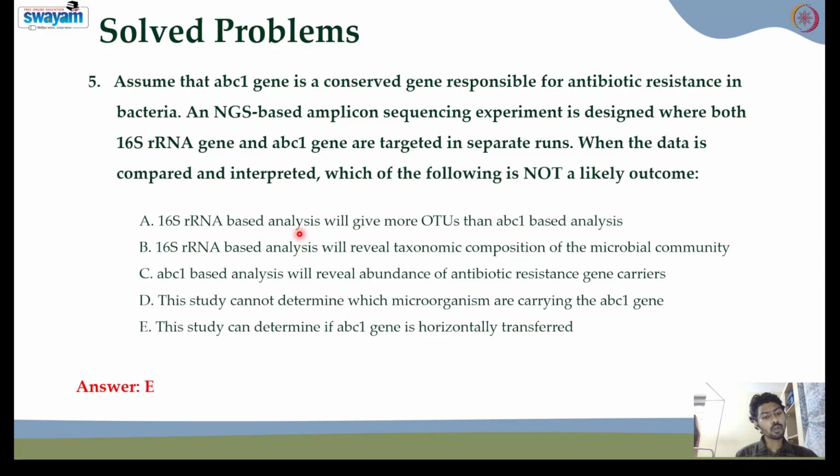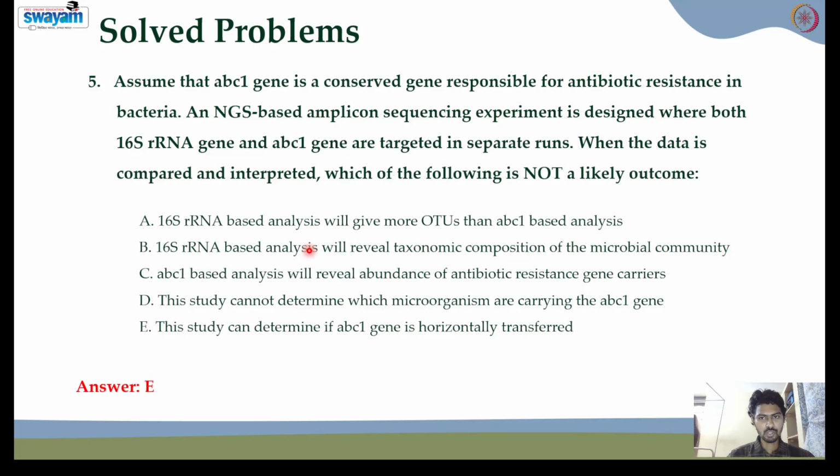So what about the other options? If you see the other options, the 16S rRNA, as we know, has highly conserved regions across bacteria that allow for broader taxonomic classification, right? So that's why we will be getting a higher number of OTUs compared to the ABC1 gene analysis, which targets resistance conferring bacteria.